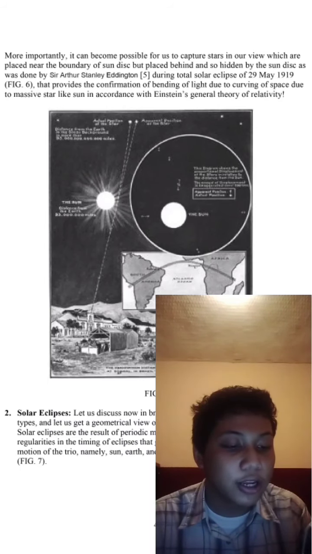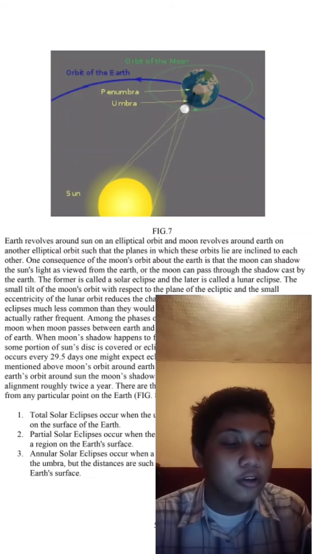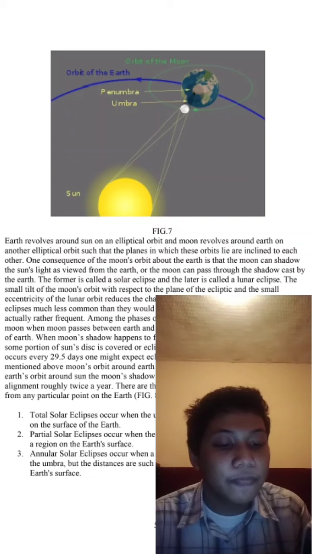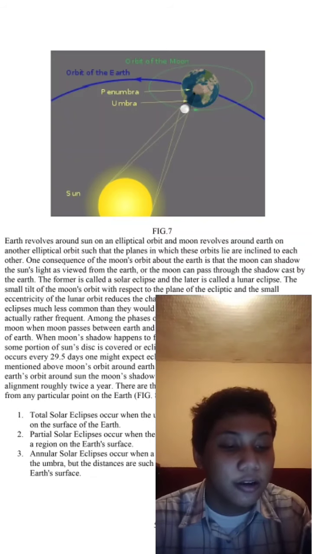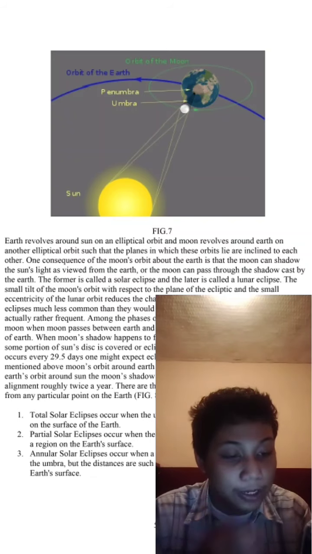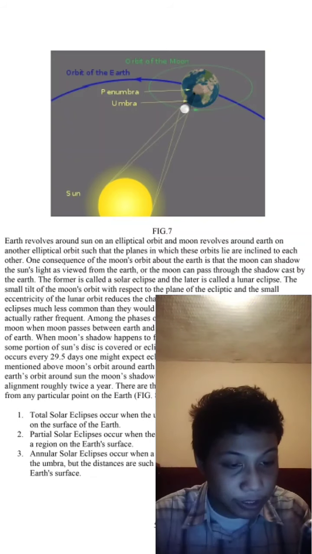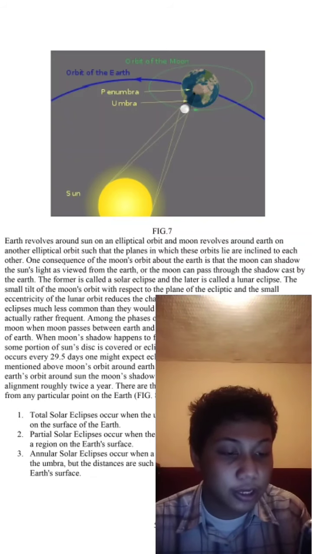During the total solar eclipse of 29 May 1919, Fig 6 then provided the confirmation of bending of light due to curving of space by a massive star like the sun, in accordance with Einstein's general theory of relativity.